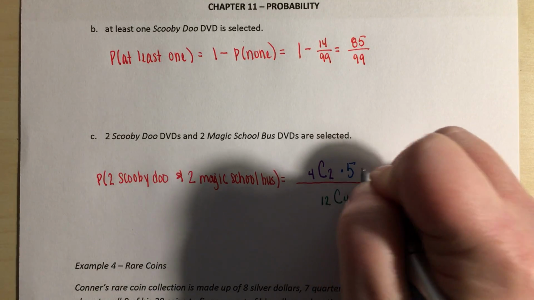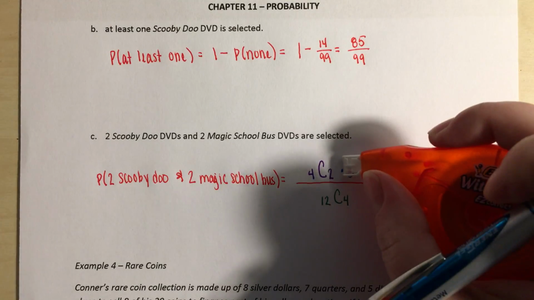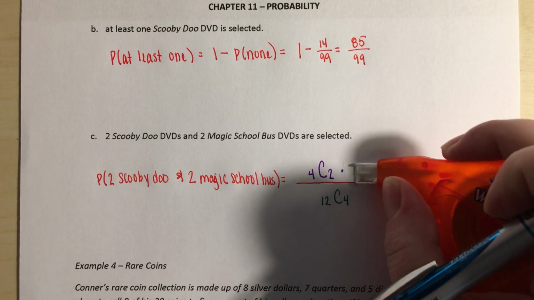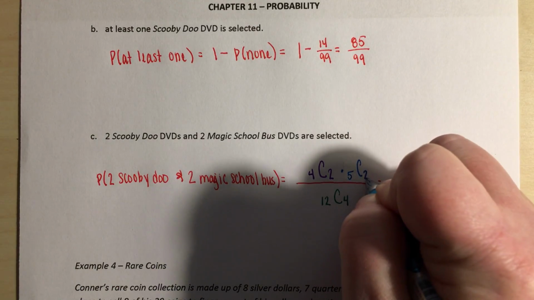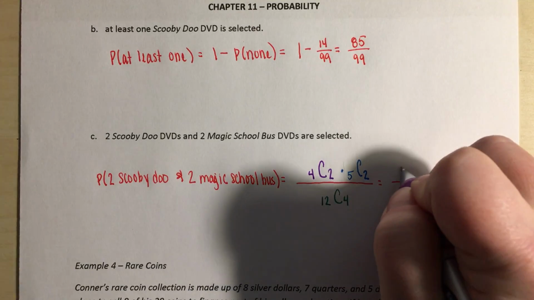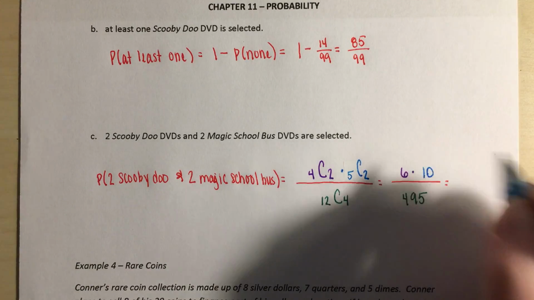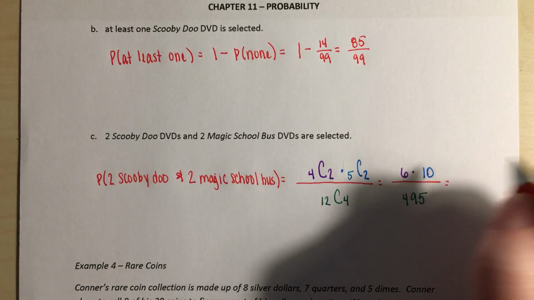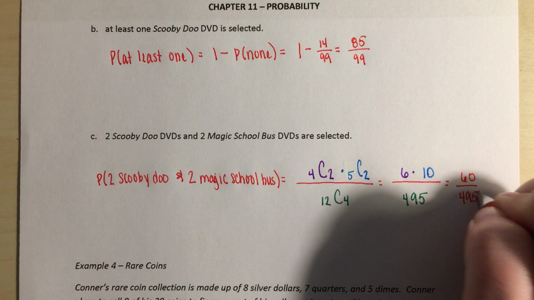So we're going to take that times 5C3, or excuse me, 5C2, because we're still selecting 2. So 4C2 for our Scooby-Doo gives us 6. 5C2 for our Magic School Bus gives us 10. If we multiply these, this gives us 60 over 495.